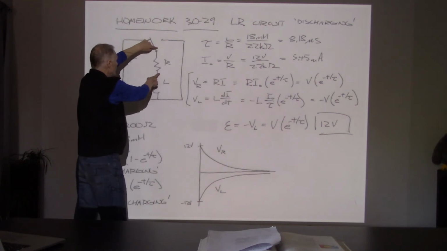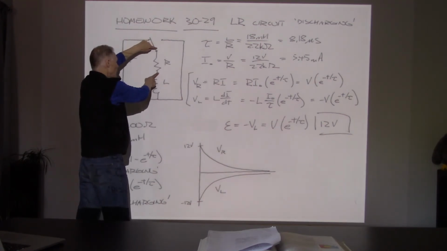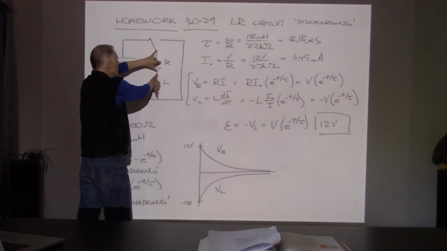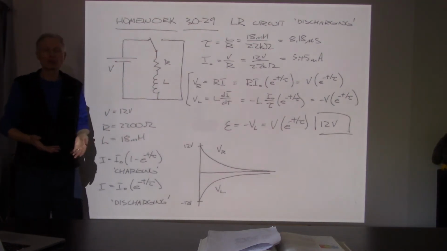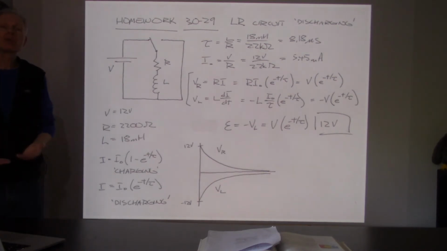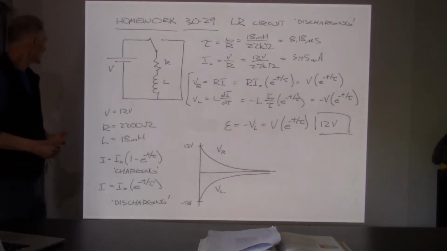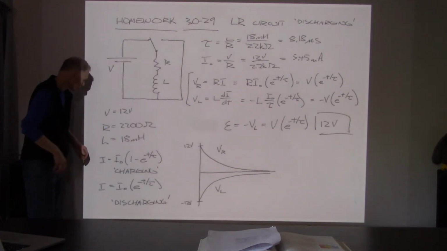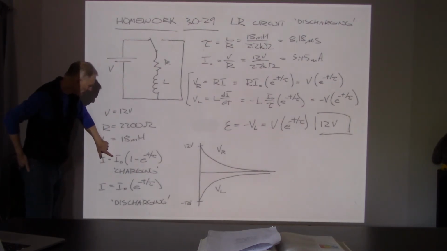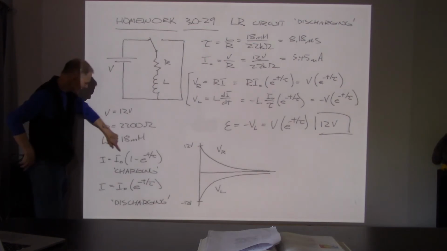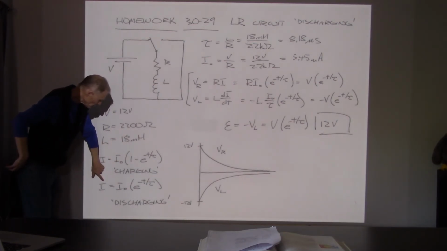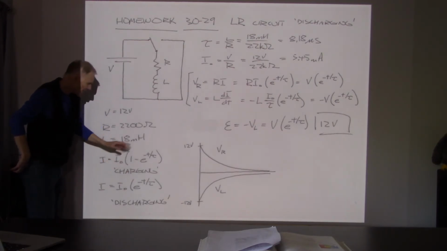If I get up my voltmeter and measure the voltage here, I set up a voltmeter here, and then I monitor those to see how those voltages are changing as functions of time. And what we found for inductors is that I, when they're energizing, is given by this flipped over exponential, and when they're discharging, the current drops off like this exponential.